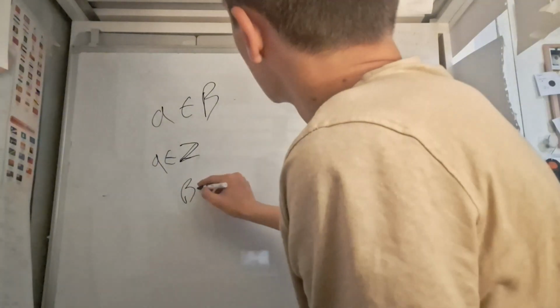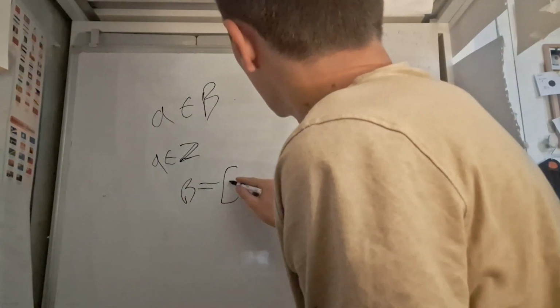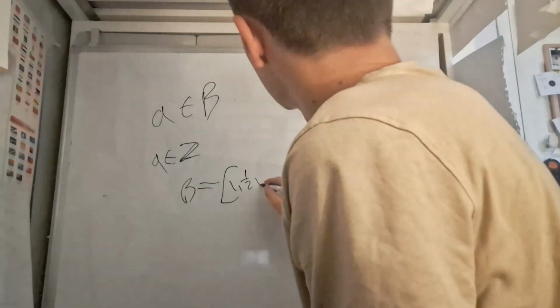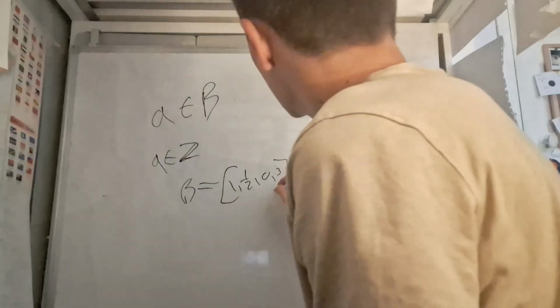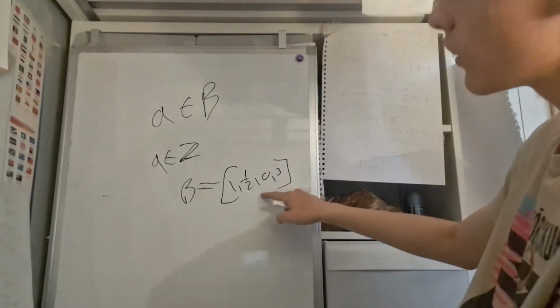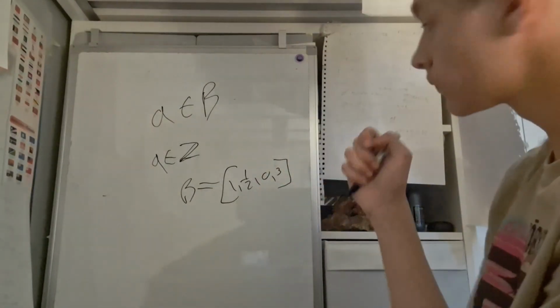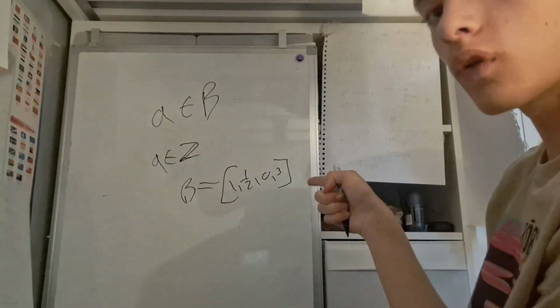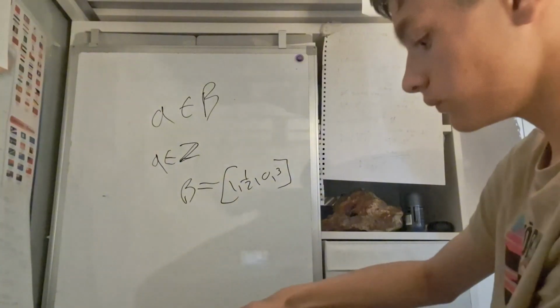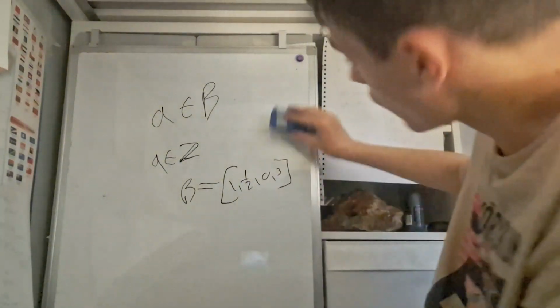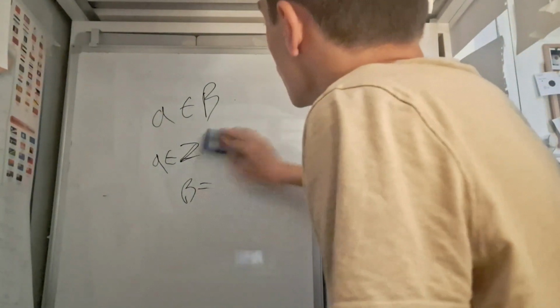B equals 1/2, 0, and 3. Which one of these 3 numbers can A not be? A half. It cannot be a half since A is an integer. Oh yeah, by the way, you can put halves as well.